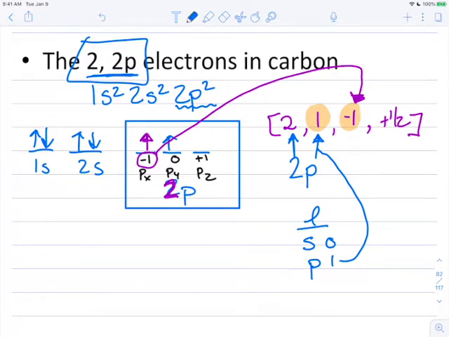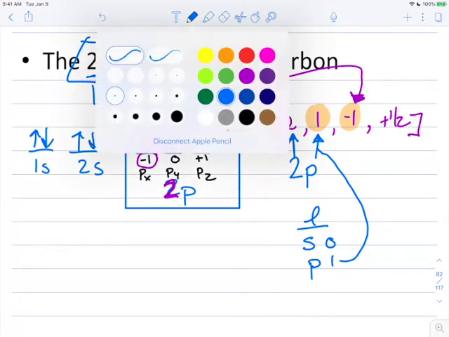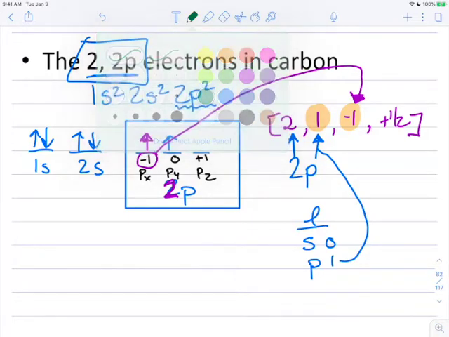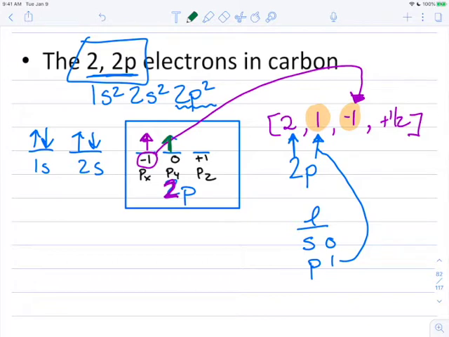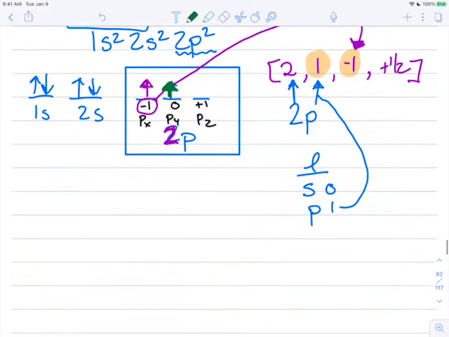All right, so other questions on this one so far? All right, so let's try another one. Yeah, let's go with green here. All right, so now we're going to do the other electron in carbon.